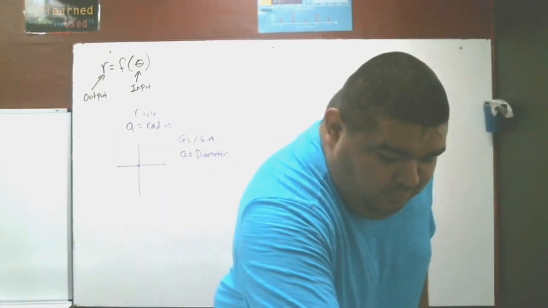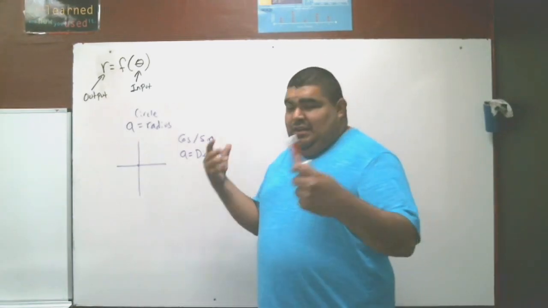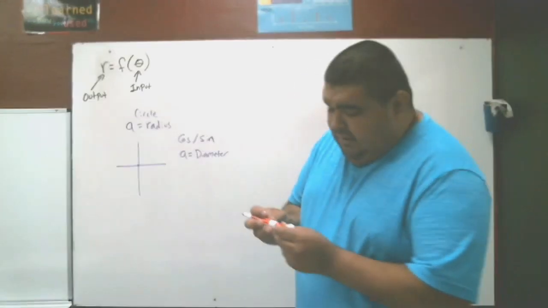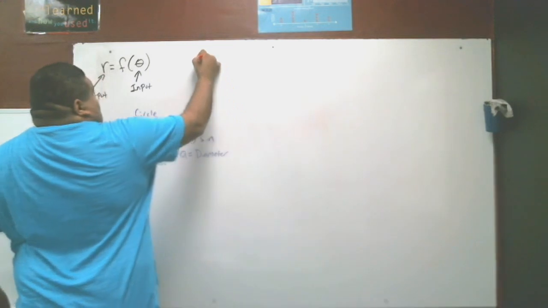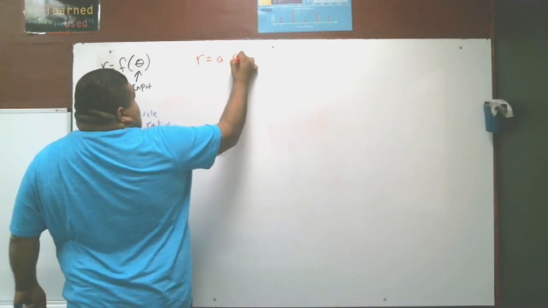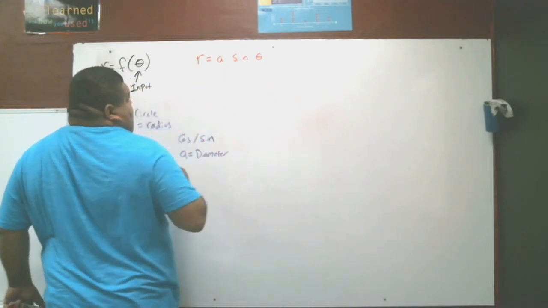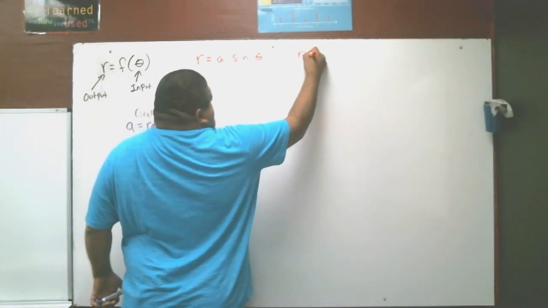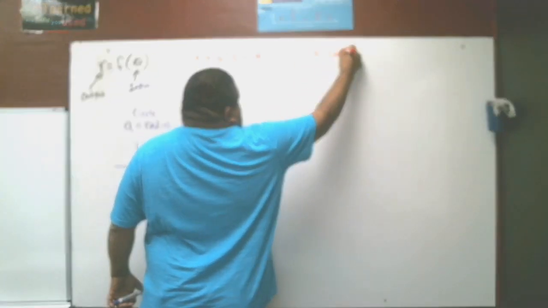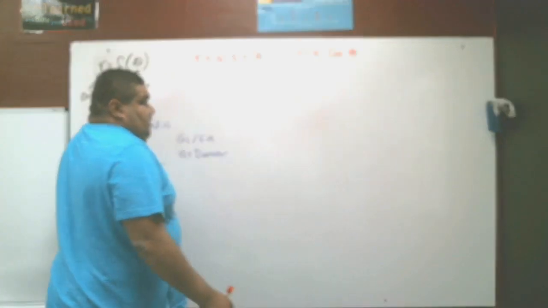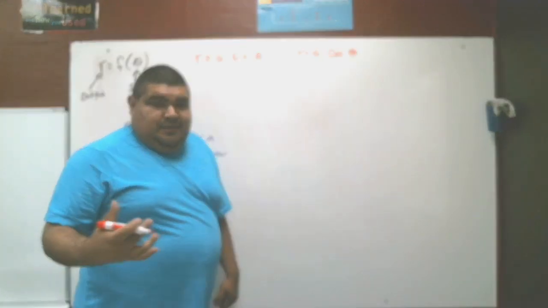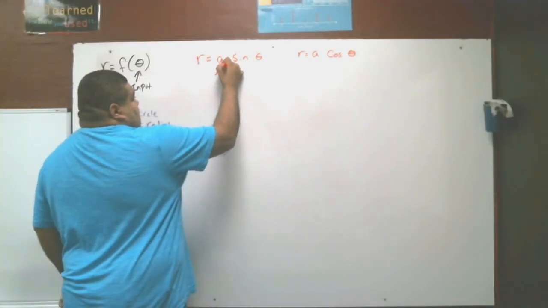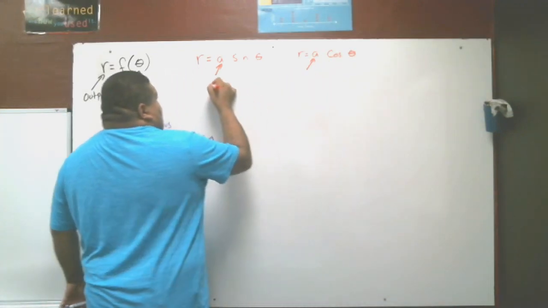You might see it one of two ways, because you have sine and cosine. You might see it as r equals a sine of theta, or r equals a cosine of theta. Again, this time a is our diameter.